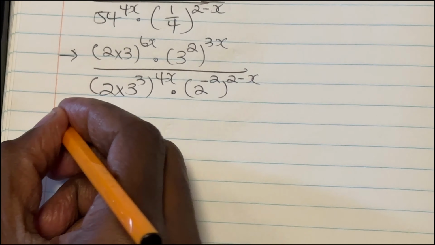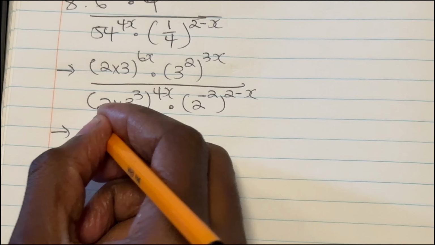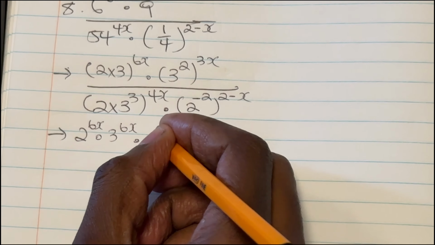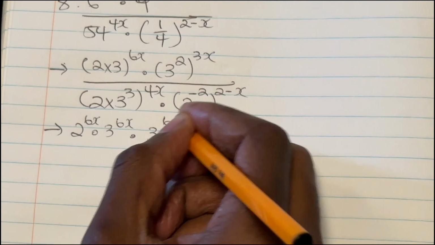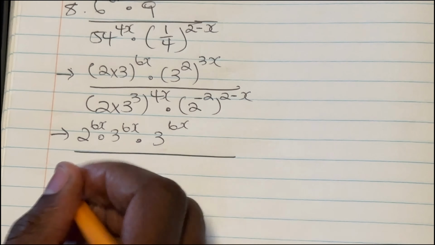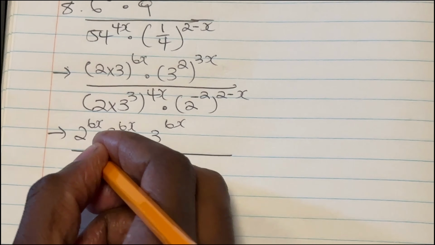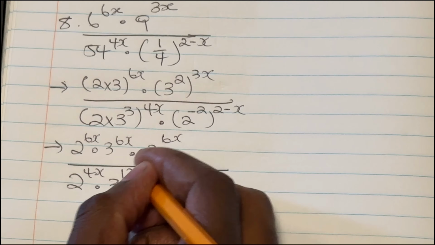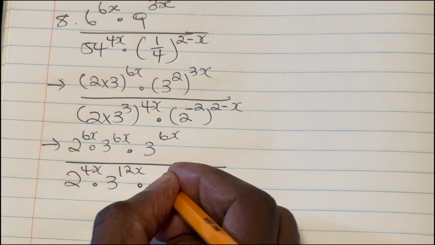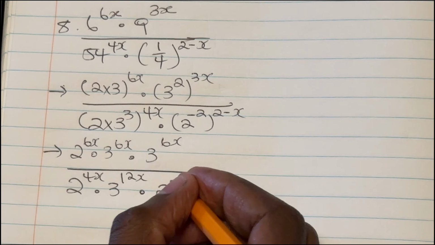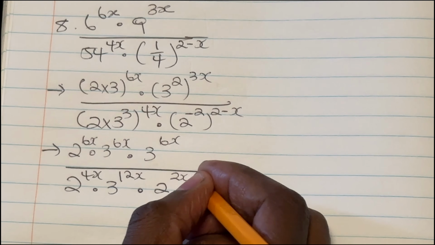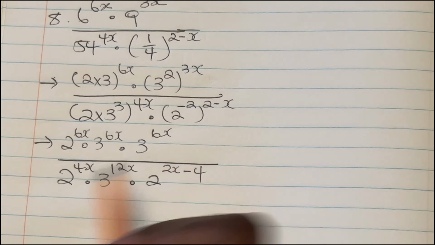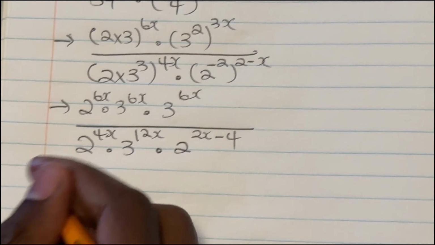Now simplifying, you're going to have 2 to the power of 6x times 3 to the power of 6x times 3 to the power of 6x at the top, and below is going to be 2 to the power of 4x times 3 to the power of 12x times 2 to the power of 2x minus 4. So now we can split our bases.